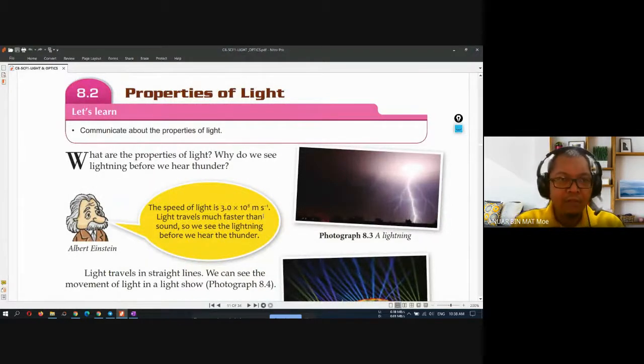Do you have any problem? Did you already do the exercise that I gave you last week? If I'm not mistaken, I asked you to do the exercise in your workbook, page 74. Any problem about this topic, 8.2, the properties of light? Any problem, class?